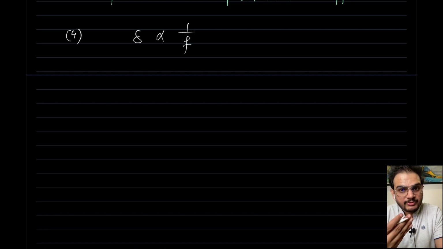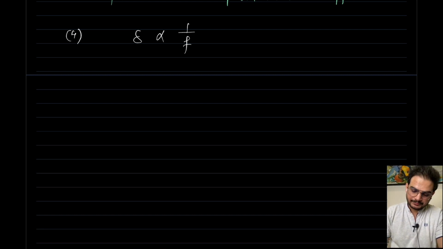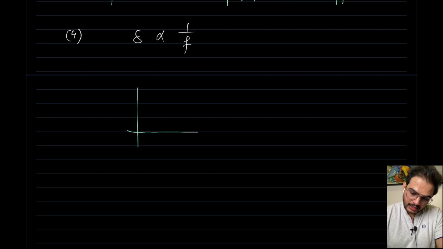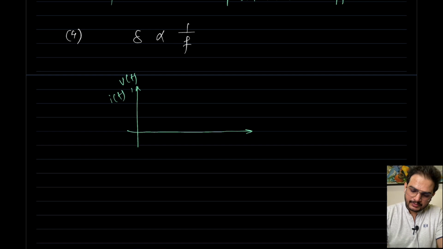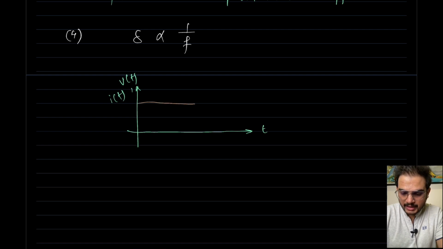Why is frequency 0 for a DC system? Because according to the waveform, for a DC system, for example, if this is my I of t, and this is my time axis, for DC it is a constant magnitude, so it will go on like this.